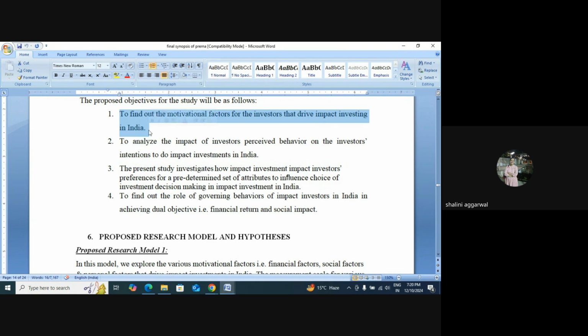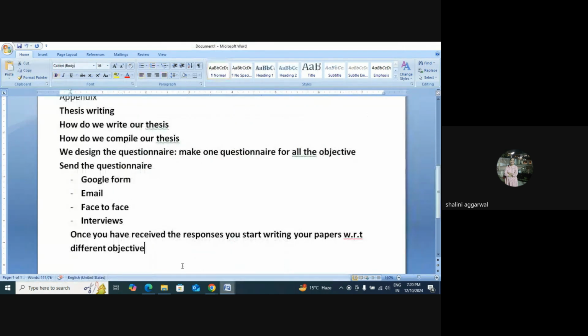How do you write it now? You have to move objective by objective. You take the first objective, then the second, then the third and fourth, and start writing about it.